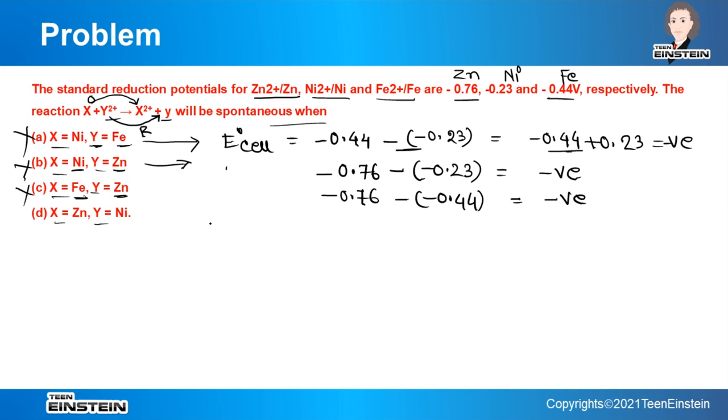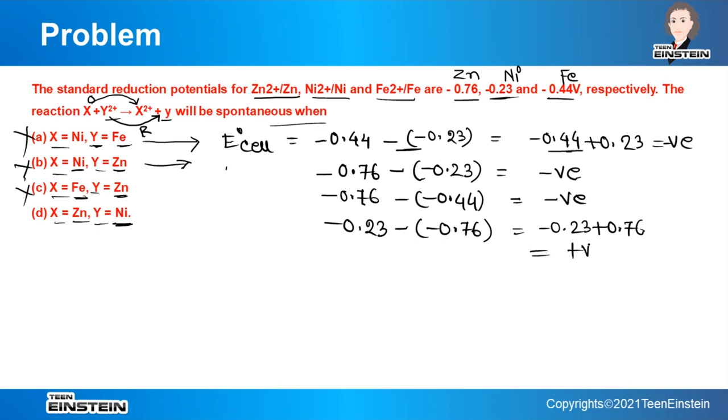So the correct option must be the last one, because it is a single correct answer. Now Y is nickel, that means we write this value first and then for Zn. For Zn it is minus 0.76. So see, this is positive. You don't have to do the full calculation, you just need the sign, whether it is negative or positive.